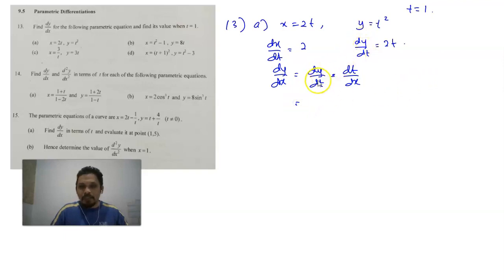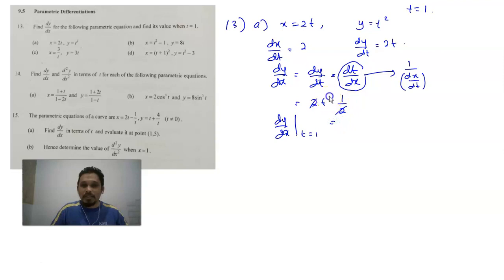We already have dy/dt, which is 2t, and what we have now is dx/dt, but what we want is dt/dx. So this is 1 over dx/dt, so dt/dx is 1 over 2. So dy/dx when t equal to 1, t here, is 1.